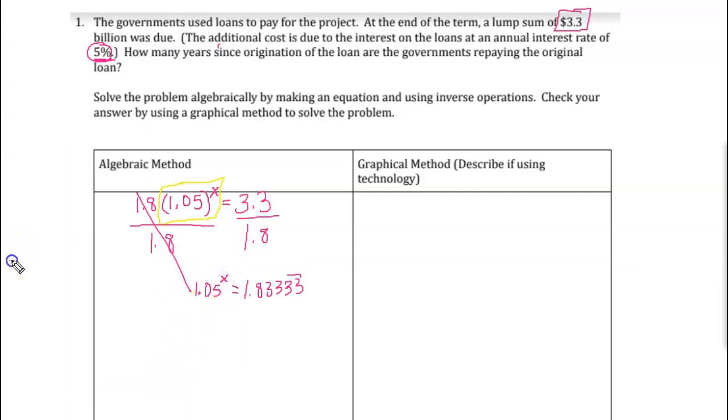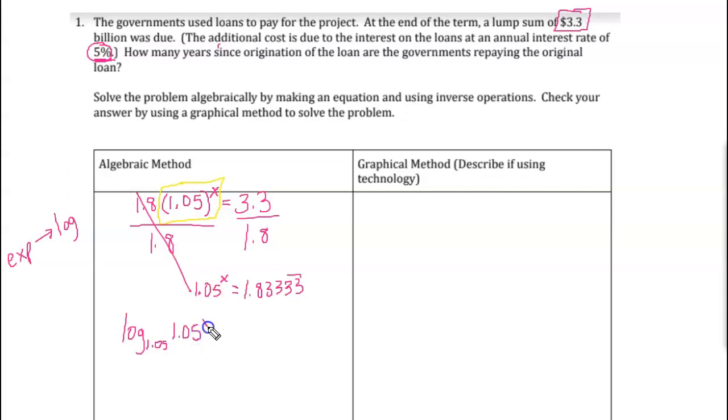And the big thing we learned about inverses is that the inverse of an exponential is a log. So if I want to undo an exponential, I'm going to have to do a log to both sides, specifically the log that has the same base, because I want to undo that base.